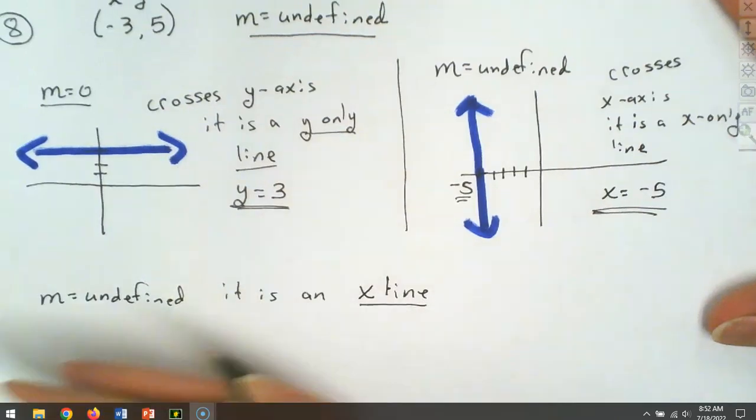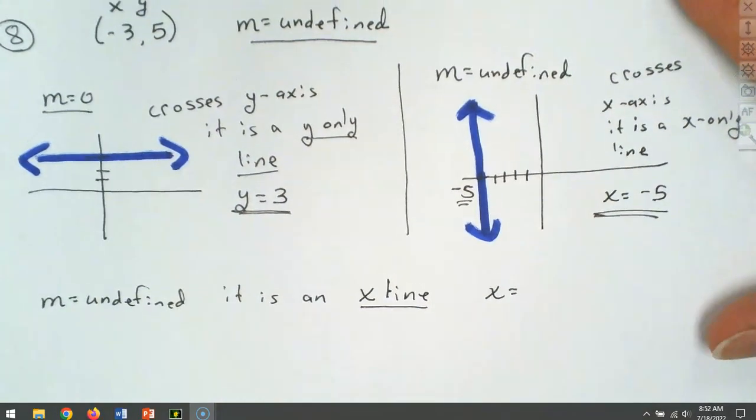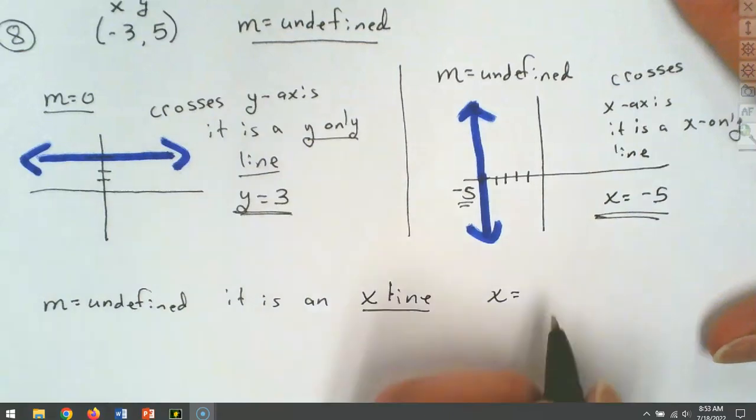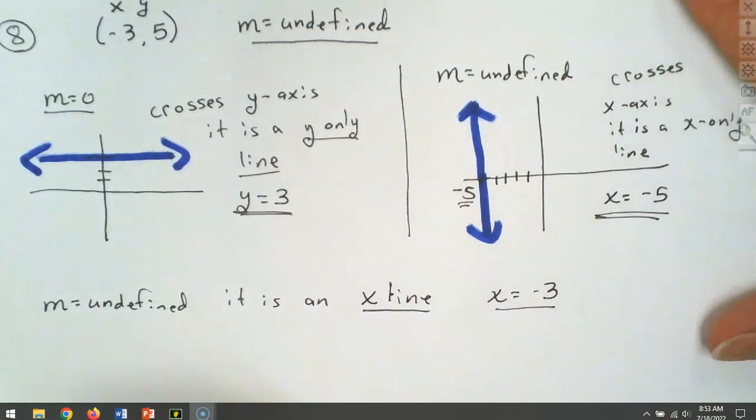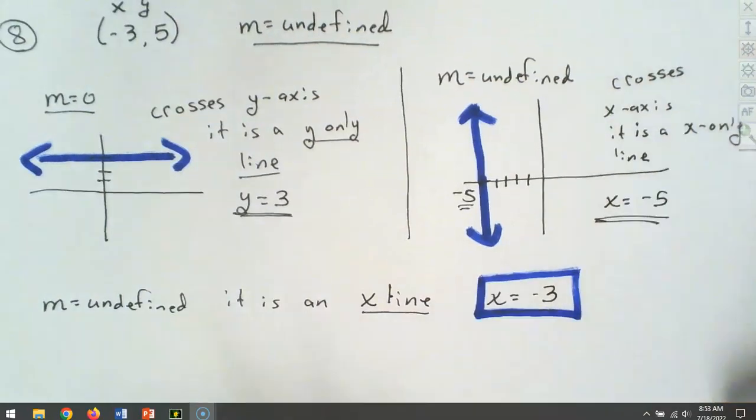And what's the x component of our ordered pair here? Well, our x component is simply -3. So what would your answer for this one simply be? x equals -3.